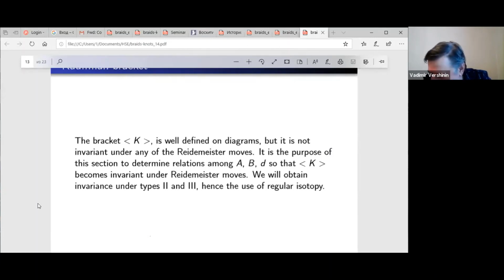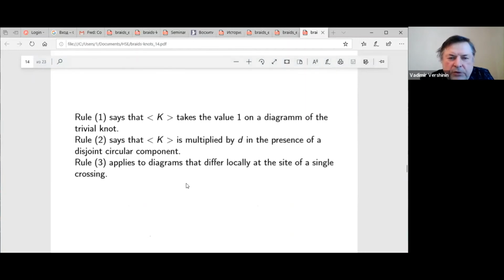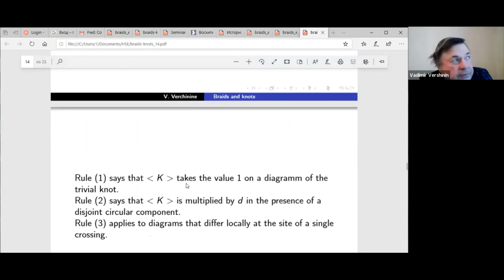So we are looking only for 2 and 3 Reidemeister moves. So our purpose is to make this bracket invariant under 2 and 3 Reidemeister moves.